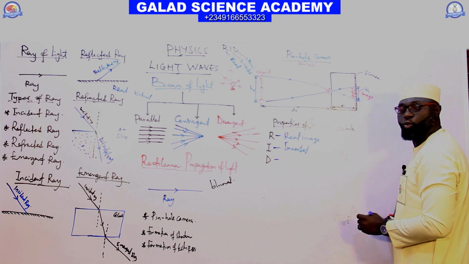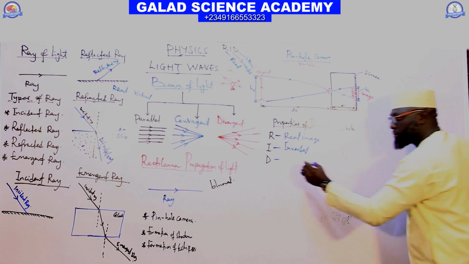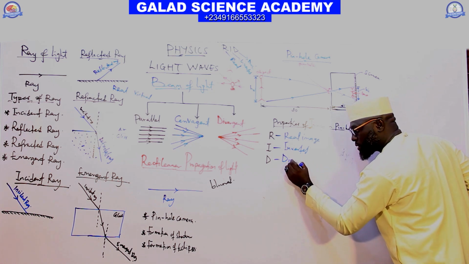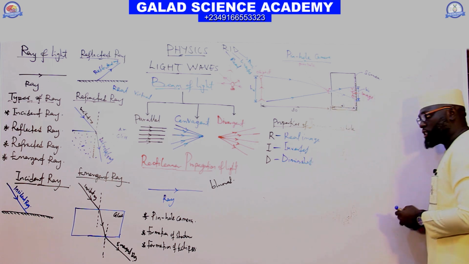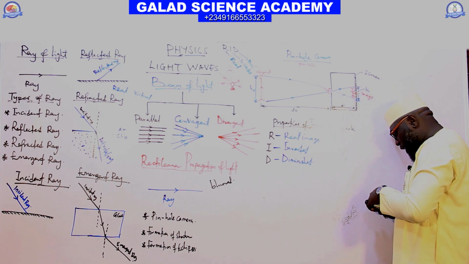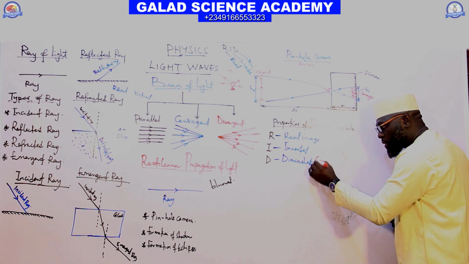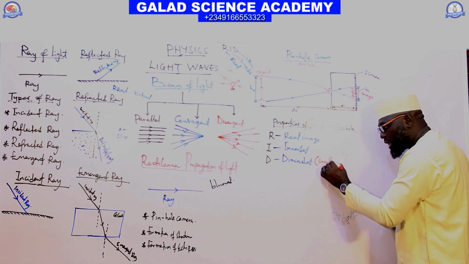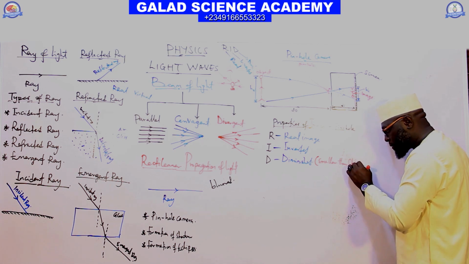And the last one is diminished. What is the meaning of diminished? When the image is diminished, what's the meaning? The image is smaller than the object.